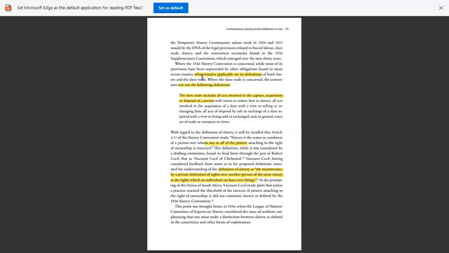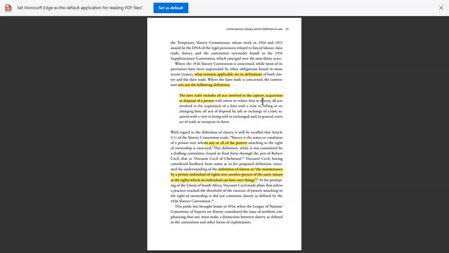So what we have left is what's still applicable to its definition, which sets out the following: slave trade includes all acts involved in the capture, acquisition, or disposal of a person. Now, what their intent is, they want to say to reduce them to slavery, but slavery, again, is no longer written into legislation.